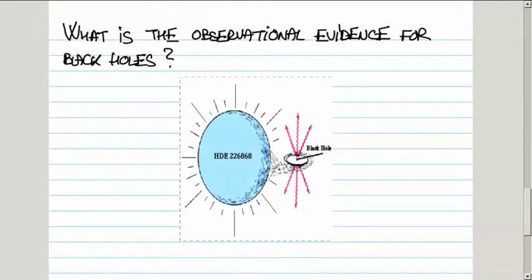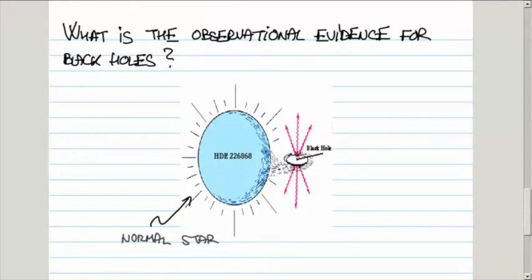So typically what you have is a binary system consisting of a normal star and the black hole, and the two are bound together by the force of mutual gravitational attraction.